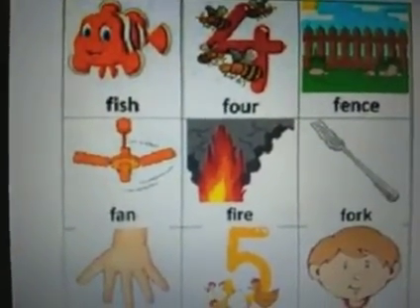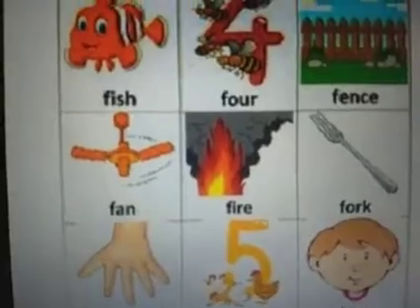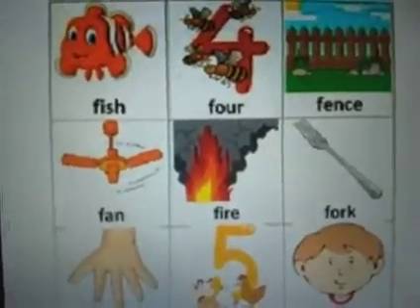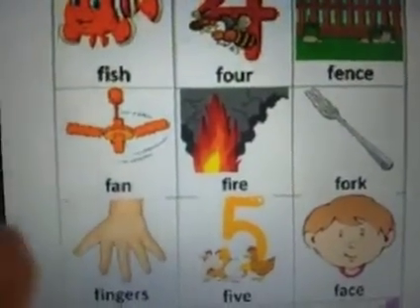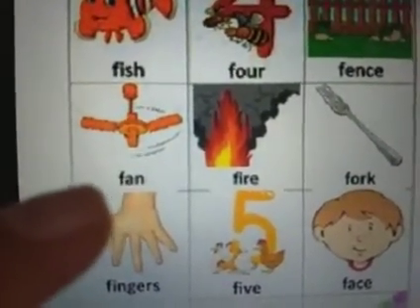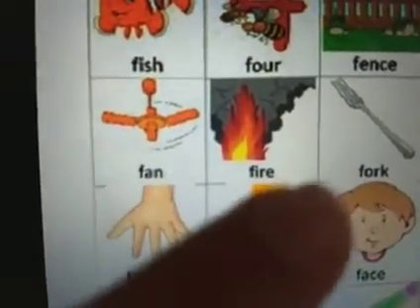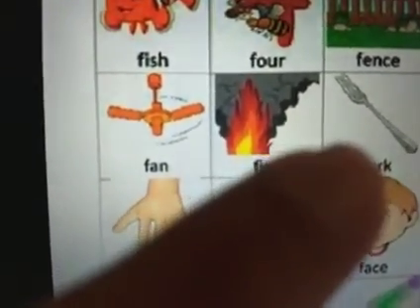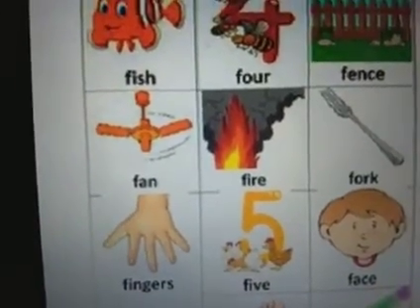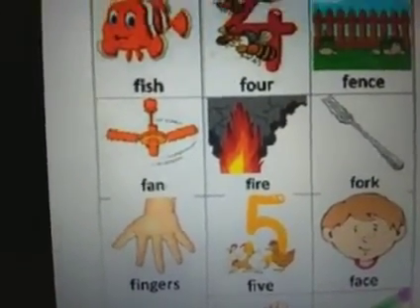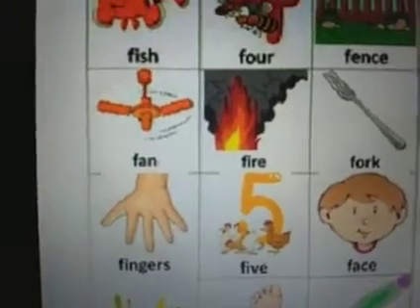Yes, again, the beginning sound in the word four is F. This is called a fence. Fan. Fire. Fork. Yes, this is used to eat Maggi or your noodles. Yes, you use a fork and not the spoon.